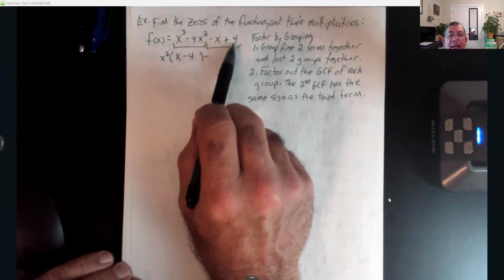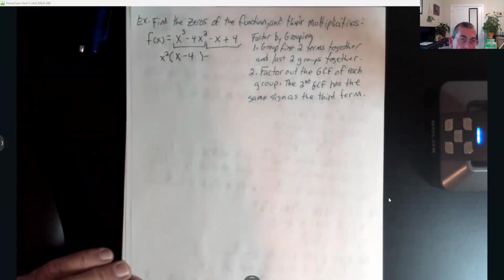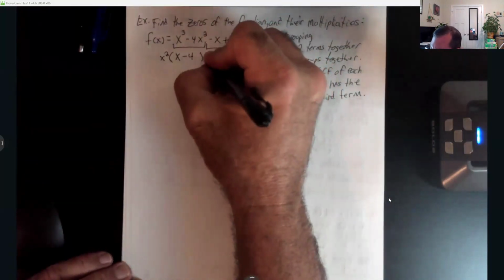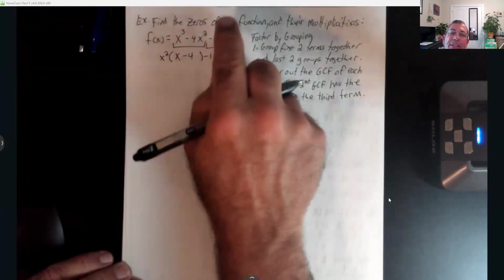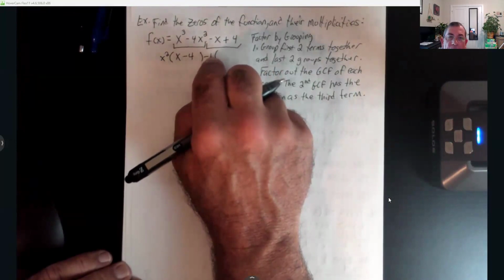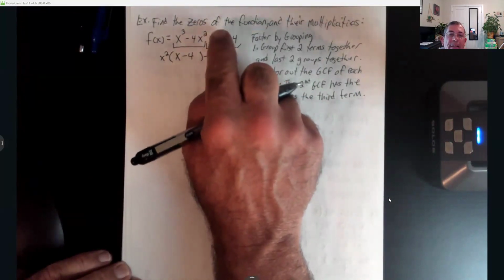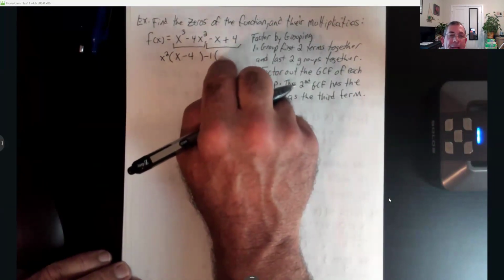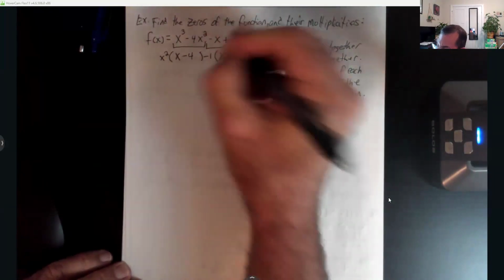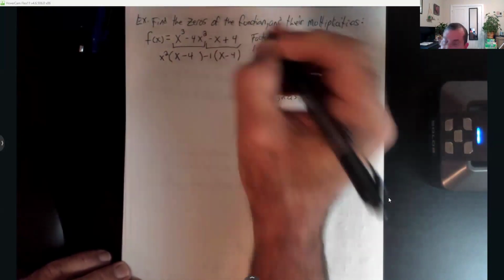I got an x and a 4. There's only one thing in the world that they got in common as a factor, and that would be a 1. So the second GCF, you at least have to factor out a -1, okay? Well, this -1, all it's doing is changing the signs. Negative divided by negative makes that a positive x. And then 4 divided by -1 makes that a -4.